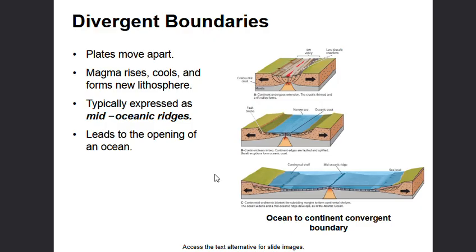That's the driving force for divergent boundaries, and at the end of the day, what you have is the development of a new ocean. Have you heard of the Wilson cycle? The Wilson cycle talks about the opening and closing of oceans, and that is driven by these tectonic forces. So the divergent boundary leads to the opening of a new ocean.